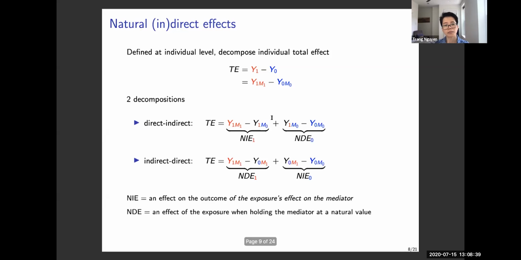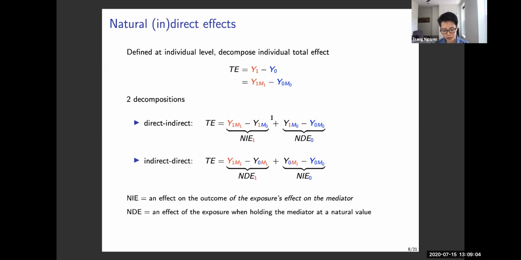There are two decompositions of the total effect in this setting. Each of them uses a third potential outcome, either Y of 1M0 or Y of 0M1, to split the total effect contrast into two contrasts, a natural direct effect and a natural indirect effect.